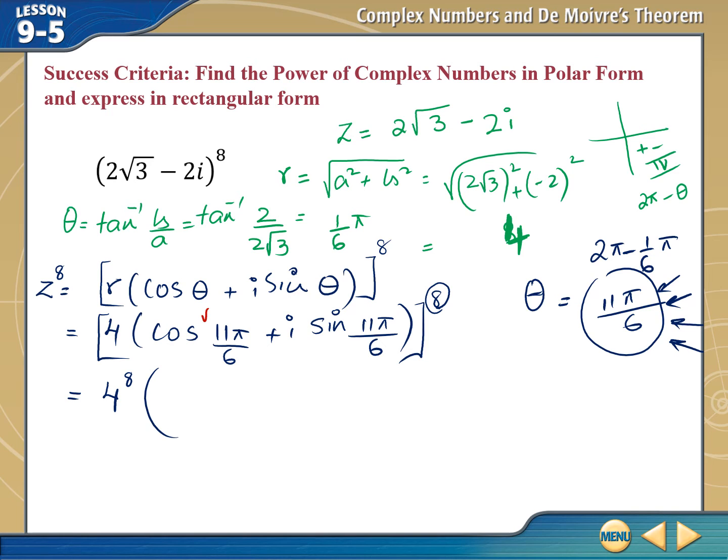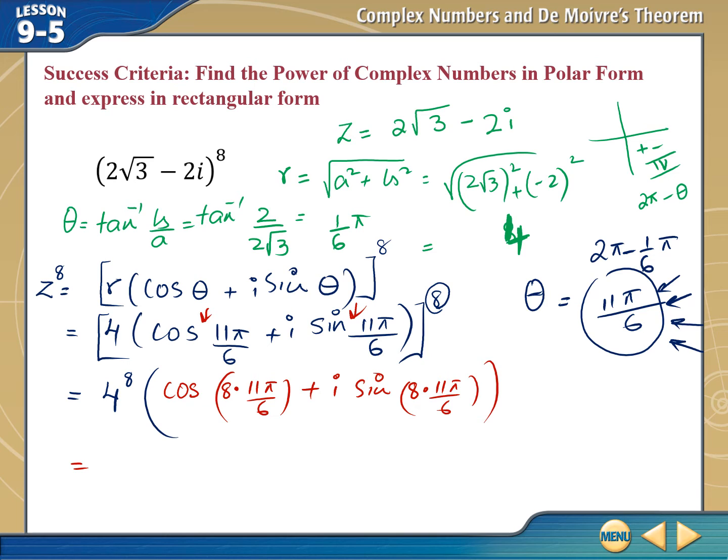It means cos 8 times 11 pi over 6, and the same thing here, iota sine 8 times 11 pi over 6.